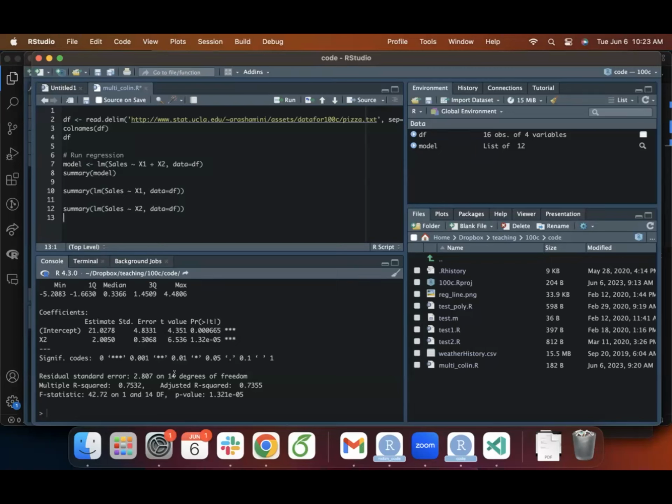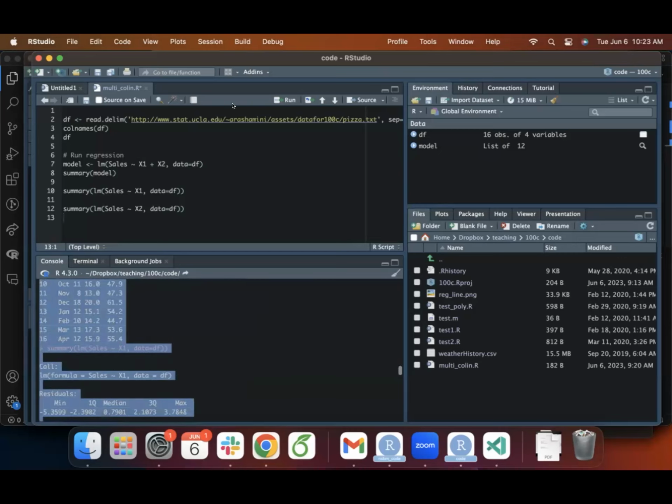I'm just going to mention about this. Now I want to mention what exactly happens to that standard error.